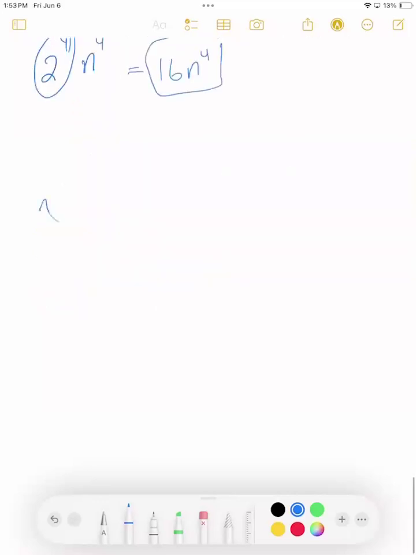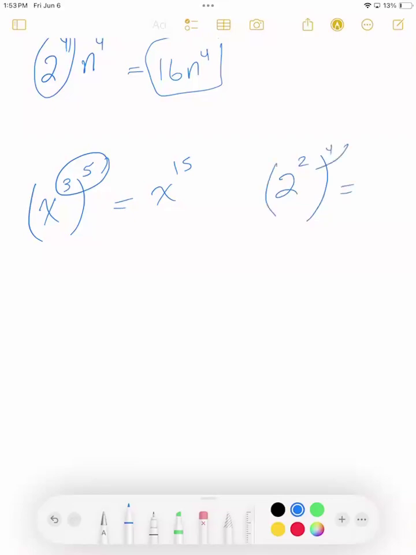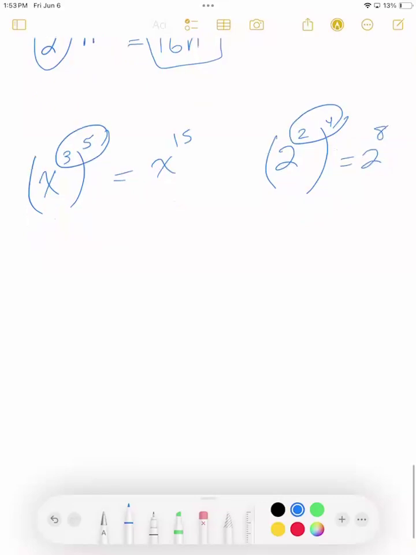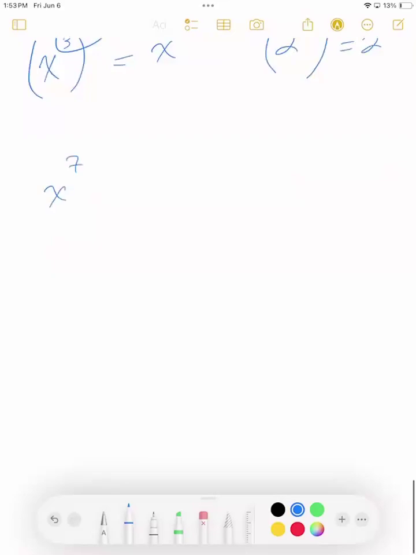What if you have x to the power 3 to the power 5? You multiply 3 by 5, you write it as 15. What if you have 2 to the power 2 to the power 4? You multiply 2 by 4, you write it as 2 to the power 8. What if you have x to the power 7 over x to the power 4?